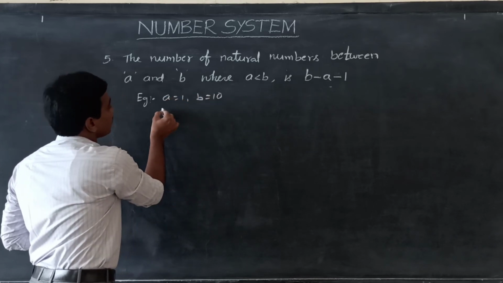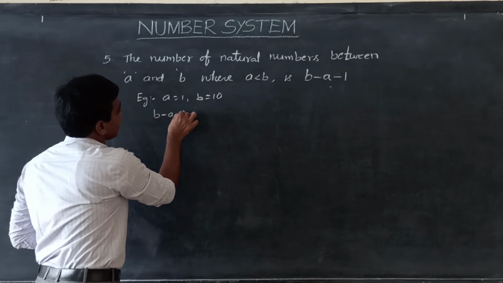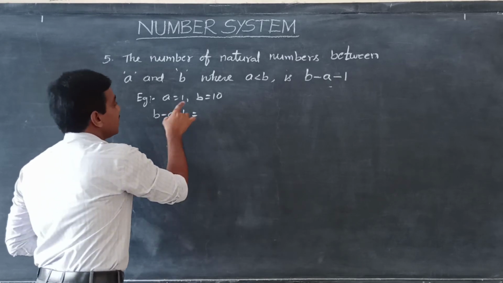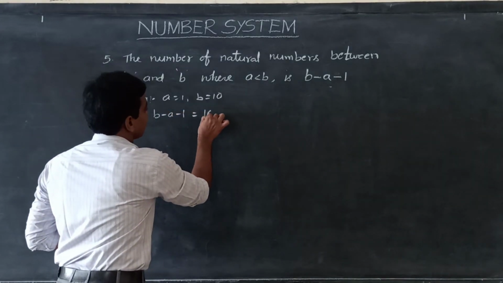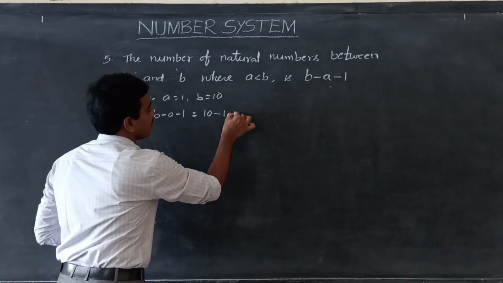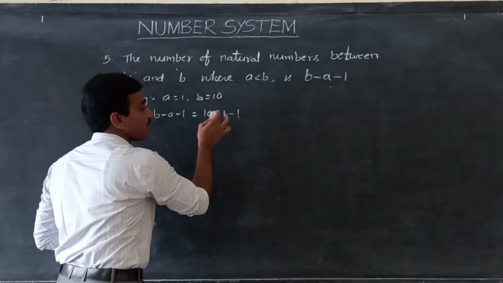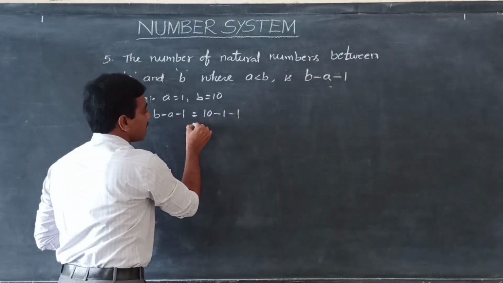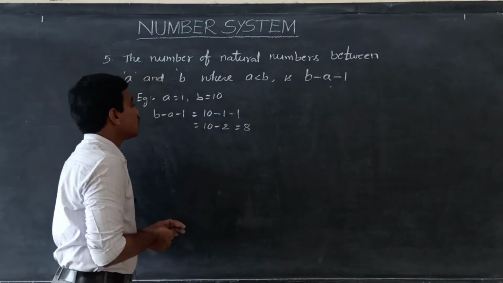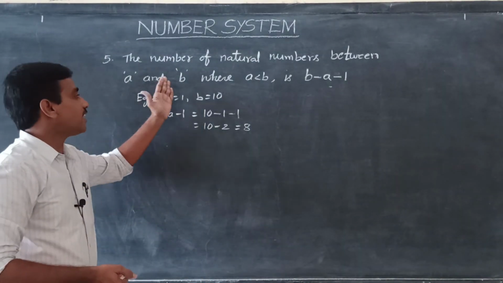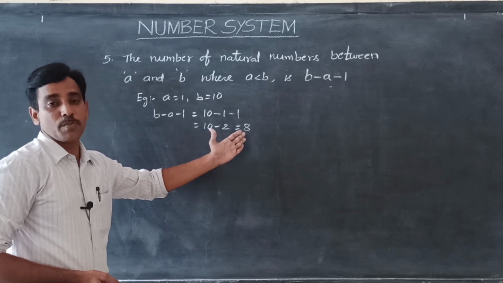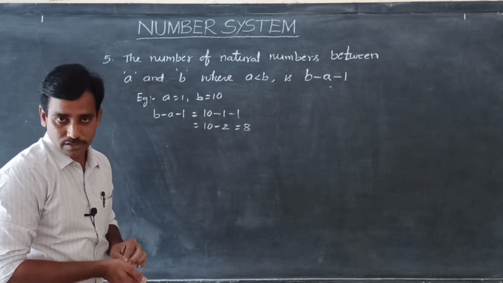The formula is B minus A minus 1. Here B means 10, A means 1. That is 10 minus 1 minus 1, 10 minus 2. So we get 8. So in between 1 and 10 we have 8 natural numbers.